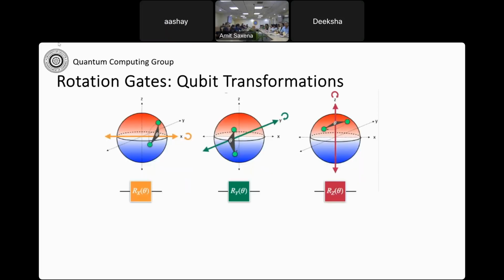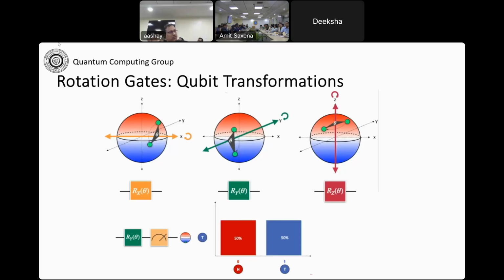These rotations are, as I said, across X, Y, and Z, called Rx, Ry, and Rz. And the parameterized part is the theta by which you rotate. This makes the gate parameterized.